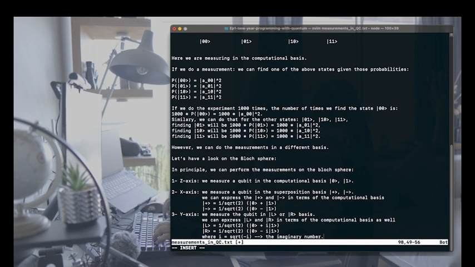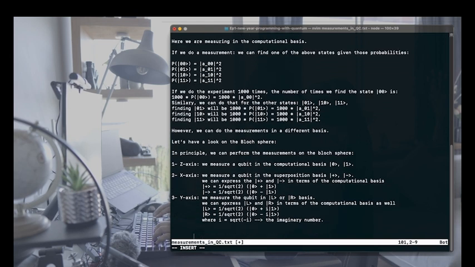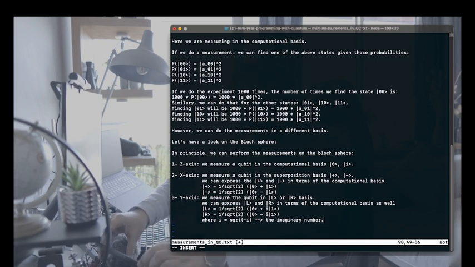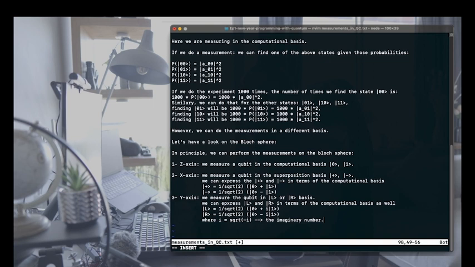Similarly, we can express the basis of the y-axis in terms of the computational basis. So we have ket L will be 1 over square root of 2 times the sum of ket 0 plus i ket 1. Similarly, ket R will be 1 over square root of 2 times the difference between both, of course including the imaginary number.